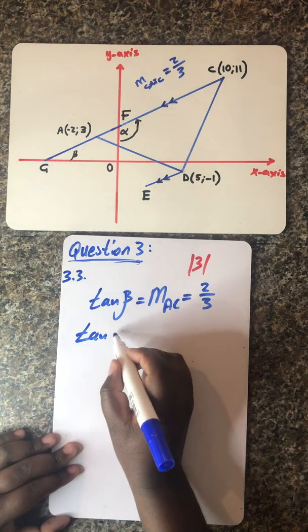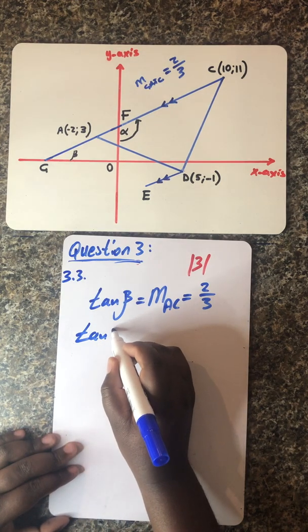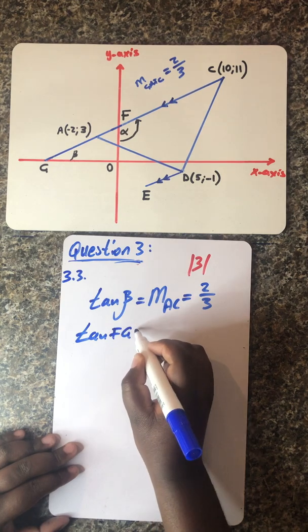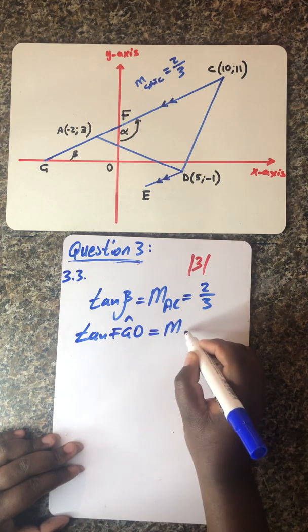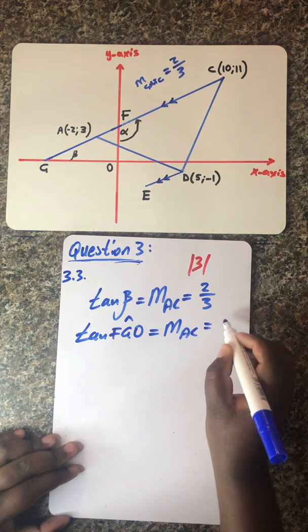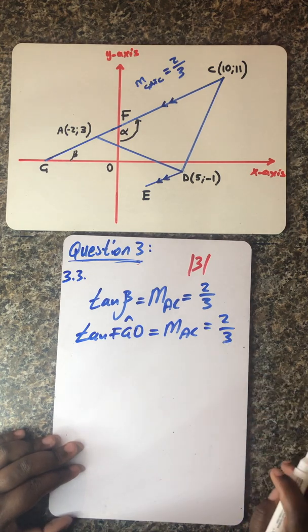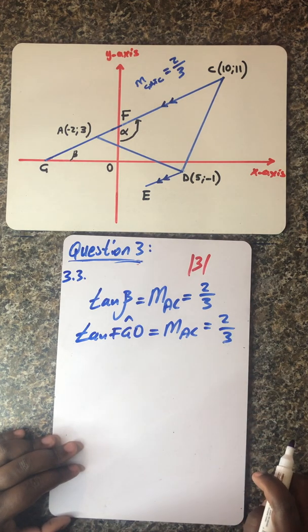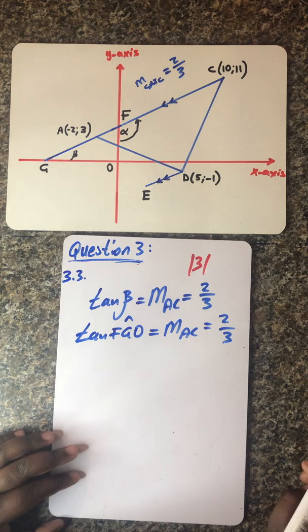So you can just say tan of angle FGO is equal to the gradient of AC, which is 2/3. It doesn't really matter which way you do it. What matters the most is for you to understand how I formulated that part.